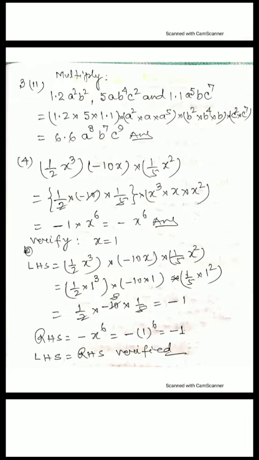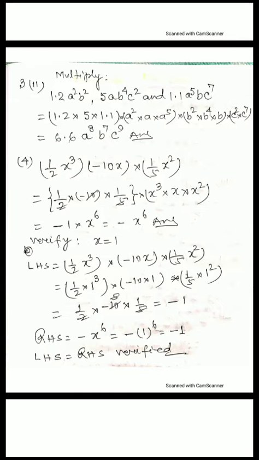The numerical coefficients 1 by 2 multiply minus 10 multiply 1 by 5 multiply x cube multiply x square is equal to 2 fives are 10, or 10 ones are 10. So minus 1 multiply x raised to the power 3 plus 1 plus 2, that is x raised to the power 6 equal to minus x raised to the power 6.